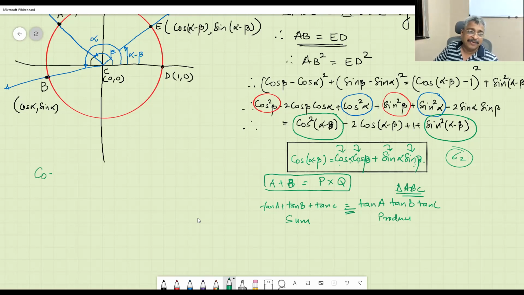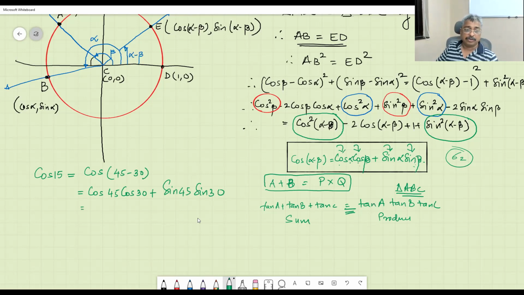Like cos of 15, you can find it out, because I can see cos of 15 as cos of (45 minus 30), which is going to be equal to cos 45 cos 30 plus sin 45 sin 30, right?